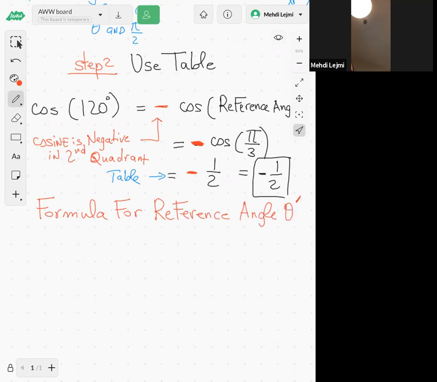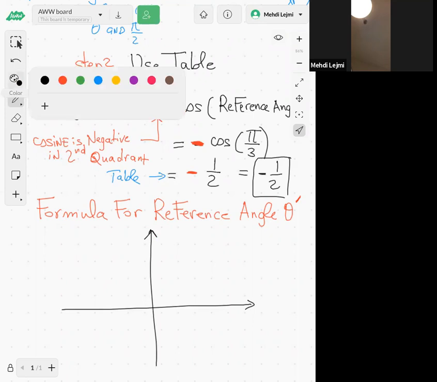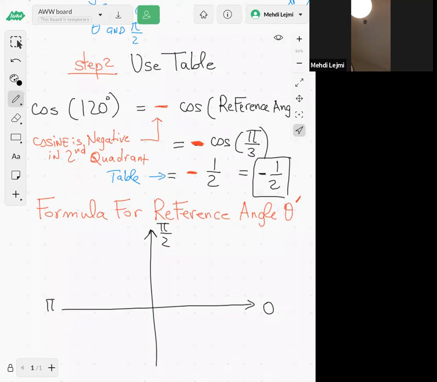As I said, it depends on the quadrant. Of course, this is 0, this is pi over 2, this is pi, this is 3 pi over 2, and then you have 2 pi. Between 0 and pi over 2, we just use the table.